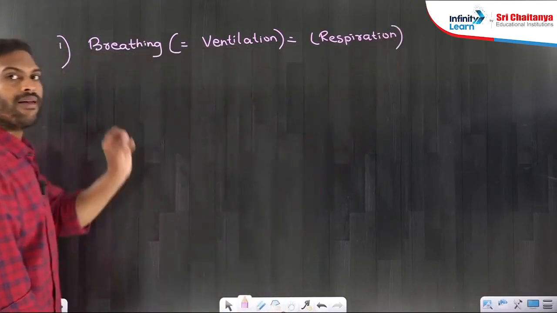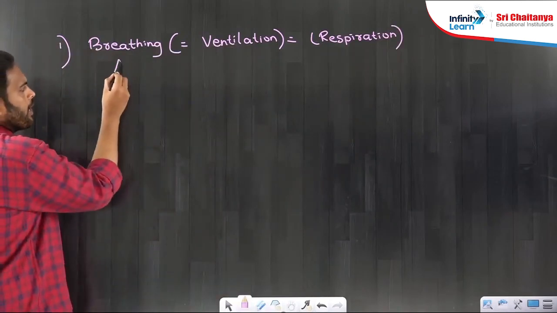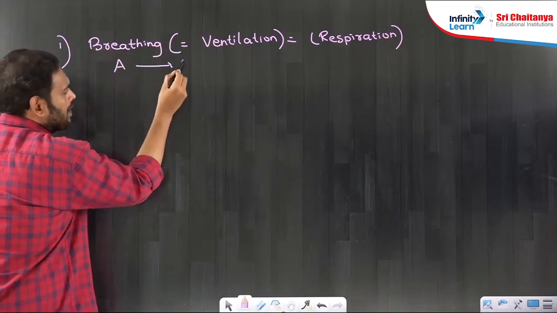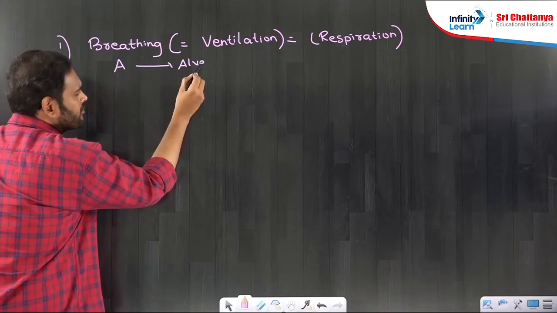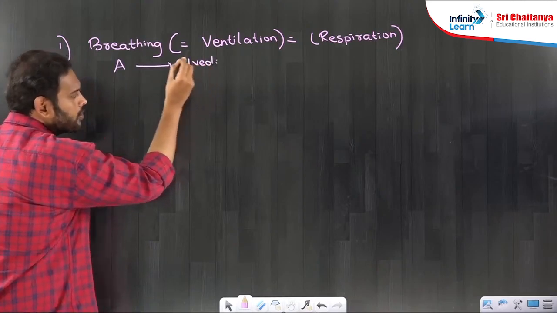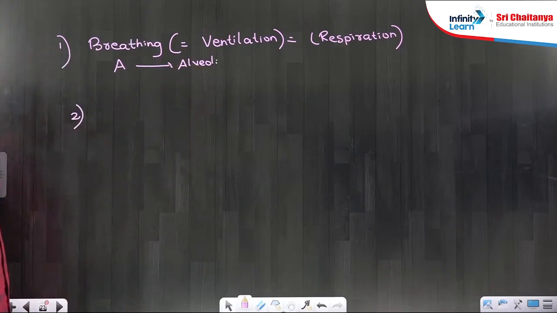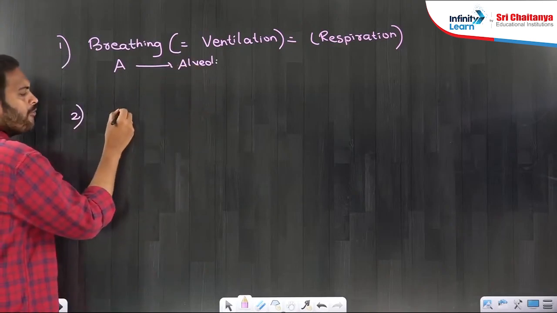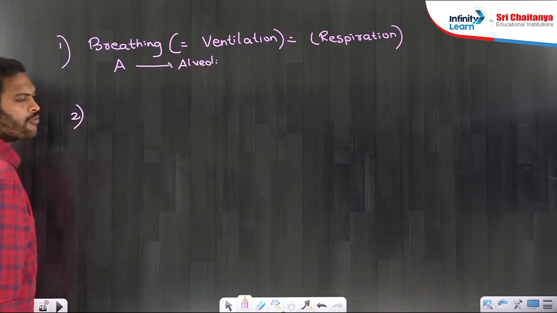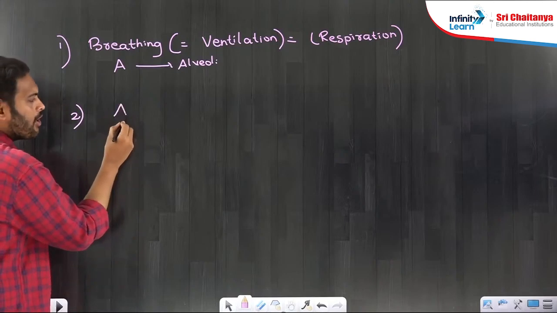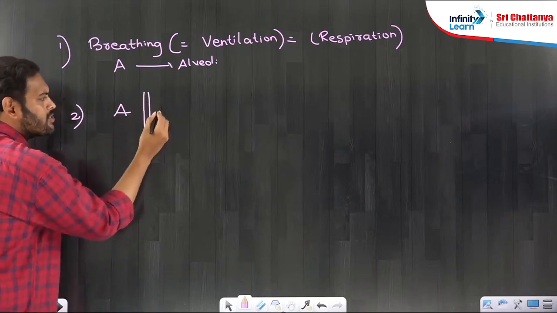Breathe. Let the air pass from atmosphere to alveoli. That was the first aspect of respiration. What next? Let us allow diffusion or exchange of gases between alveoli and blood vessel.